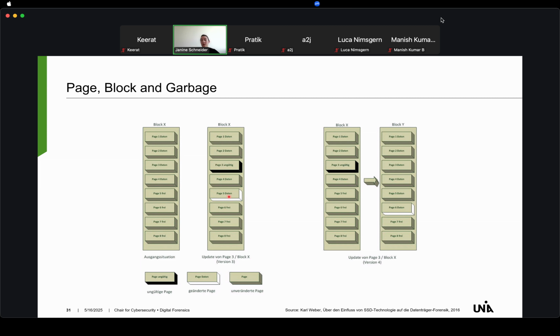So because it's a logical address, it does not need to have a relation to the physical location on the drive. So we just pretend that page 5 with the updated data is page 3 with the updated data. So we just bind the LBA address to another page. So this is version 3.